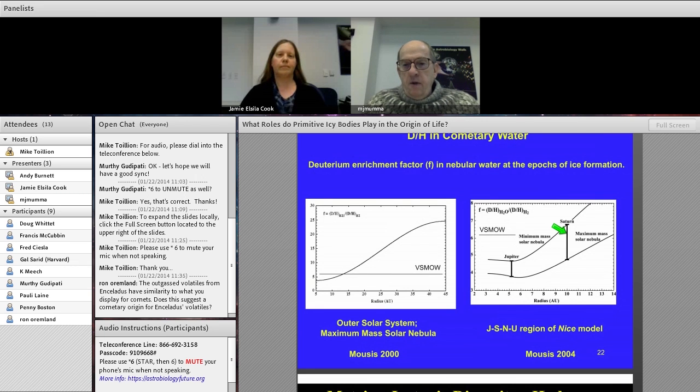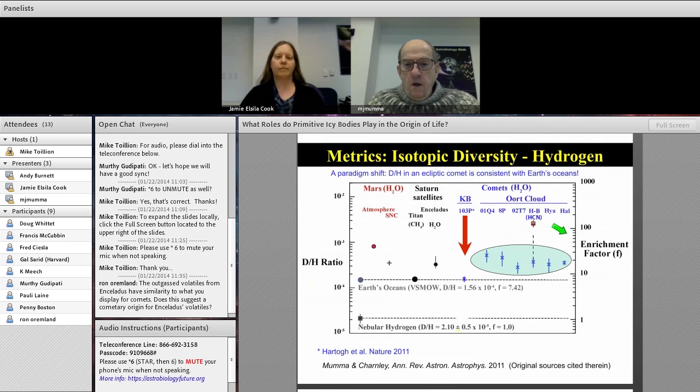Jupiter is usually taken to be the nebular value, and that's roughly 2 times 10 to the minus 5. I don't know why he has, this would be a water model at the position of Jupiter, but of course Jupiter itself is really dominated by hydrogen, which is from the nebula. So it is taken as the value for the nebula. Now, for comets, the issue is how do they compare with terrestrial water?